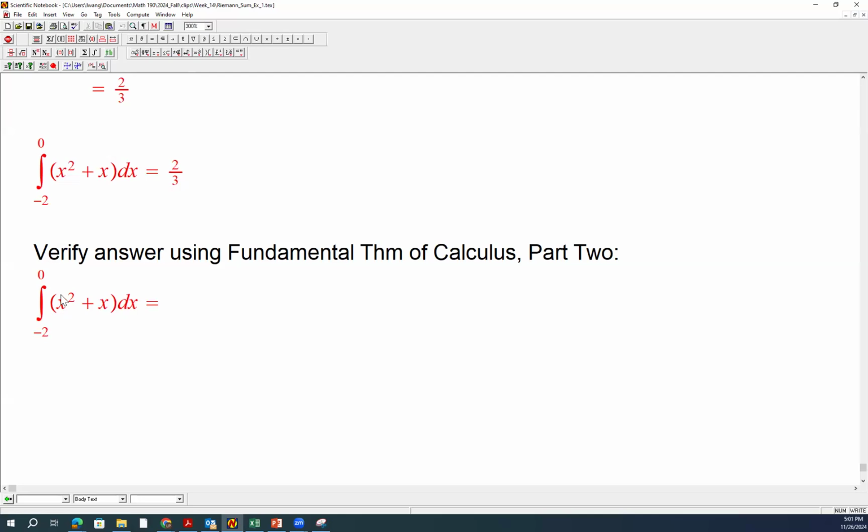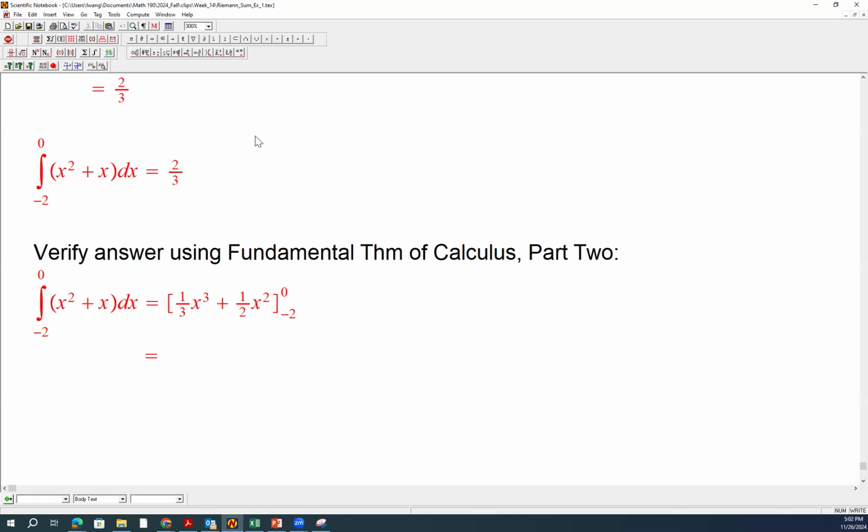The antiderivative of x squared is 1/3 of x raised to the power of 3, plus the antiderivative of x, which is 1/2 x squared. Okay, all of these will be evaluated from -2 to 0. Let's see how we're going to do that.